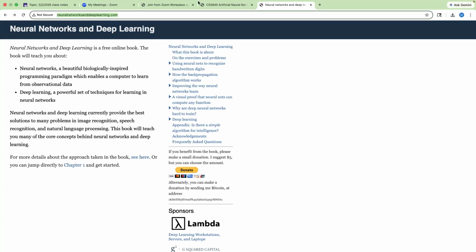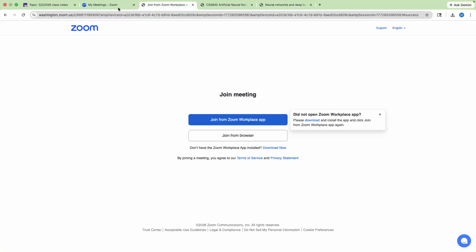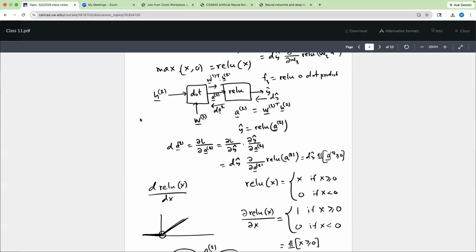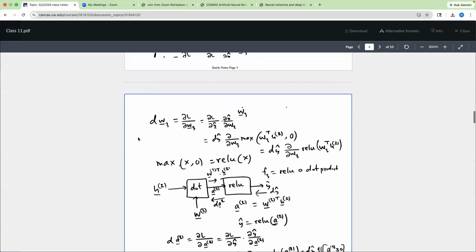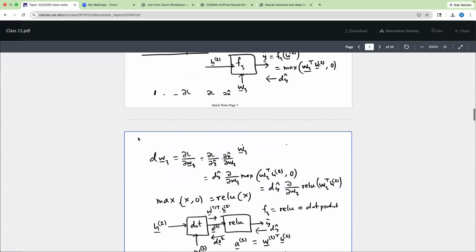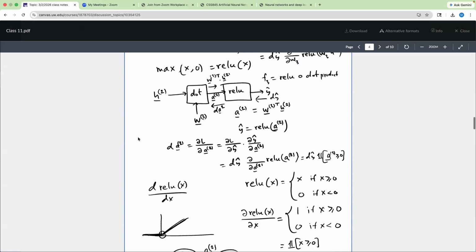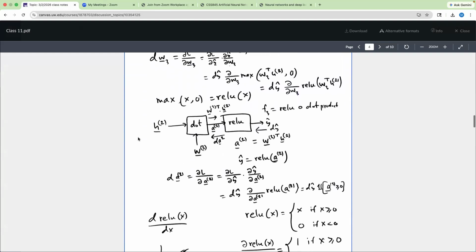All right. One thing I wanted to talk about is, as I was doing this calculation last class for a multi-layer neural network, I tried to solve one bug, and I think there is still another bug.